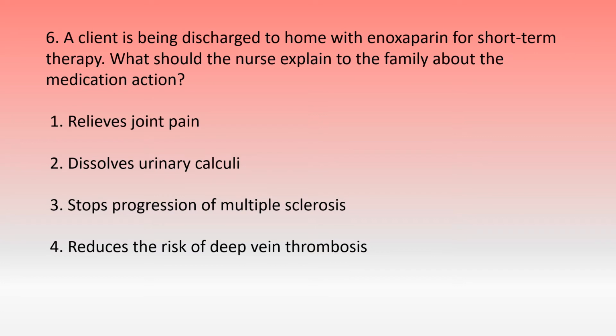A client is being discharged to home with enoxaparin for short-term therapy. What should the nurse explain to the family about the medication action? 1. Relieves joint pain. 2. Dissolves urinary calculi. 3. Stops progression of multiple sclerosis. 4. Reduces the risk of deep vein thrombosis.